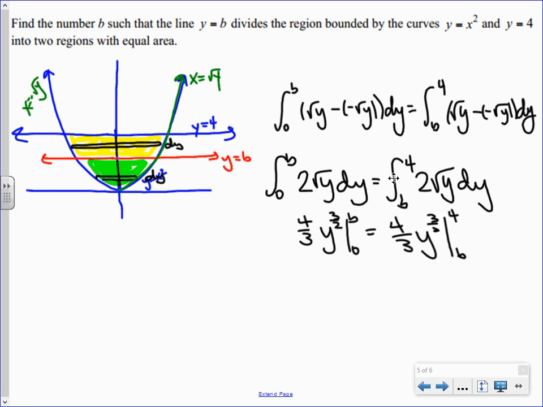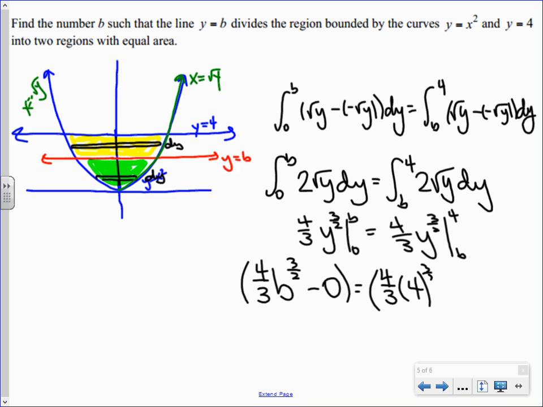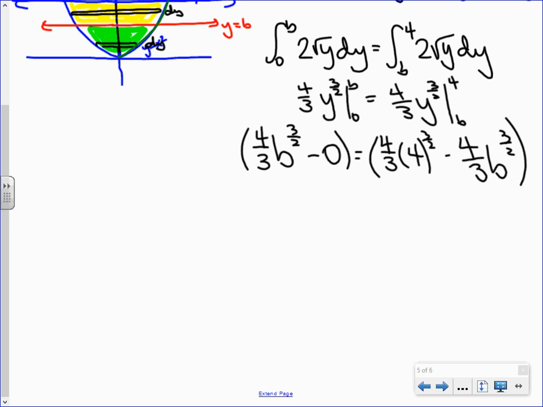Okay, now we have to evaluate these two integrals. 4/3 b to the 3/2 minus 0 equals 4/3 4 to the 3/2 minus 4/3 b to the 3/2.